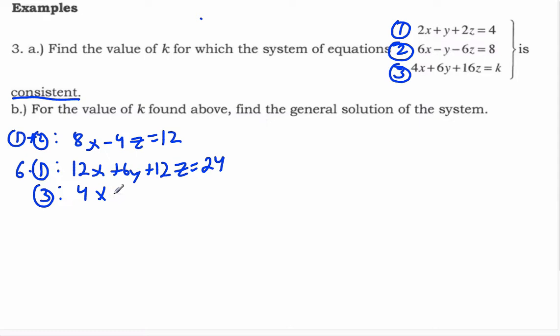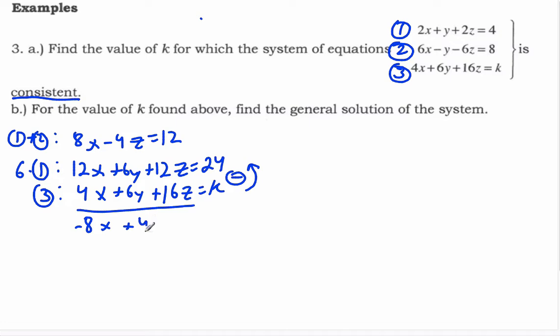We get 4x, we got 6y, and 16z. So yeah, I multiply by 6 so that the y's would match, and then I'm going to subtract this way. So 4x minus 12 gives me negative 8x, and that's 0, and this is 4z equals k minus 24.